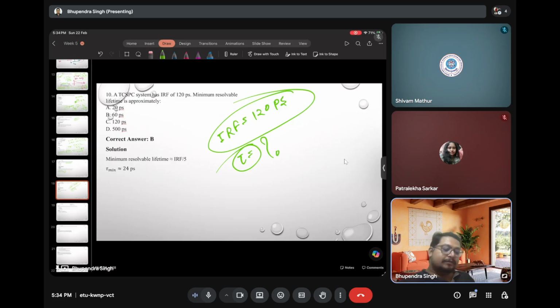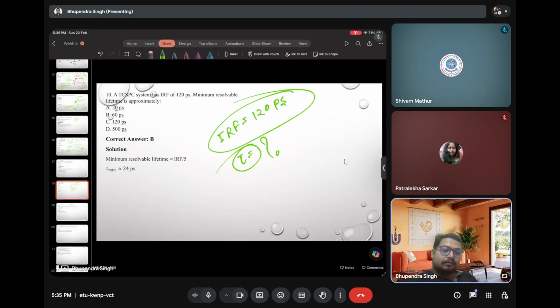zero lifetime sample. So let's say there is a scatterer, you are exciting that. It will not get excited. What will happen? It will scatter your light. Still in TCSPC you are getting some intensity and you are getting a lifetime.